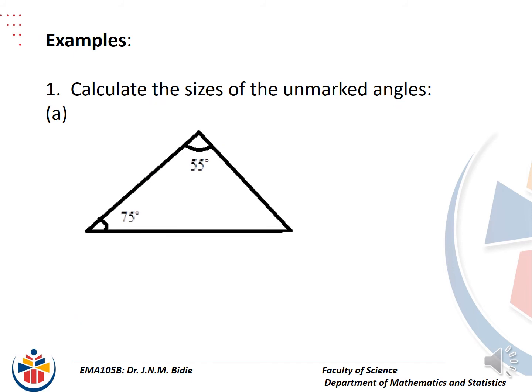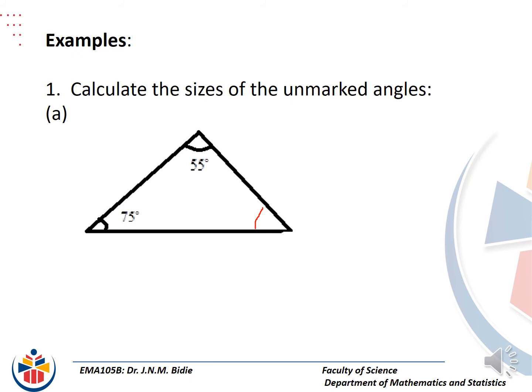Here are some examples. We're supposed to calculate the angles that are unmarked. So that means that's the angle that we're supposed to calculate. So all we know is that angles of a triangle are supplementary.